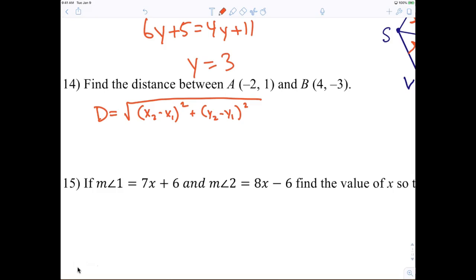That's the distance formula. Everybody good with that? Then I'm going to show you how we got that formula. Now let's do the math here. Please be careful. Subtract the x's. When I subtract the x's, what do I get?